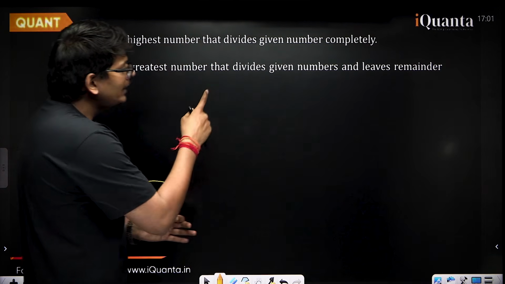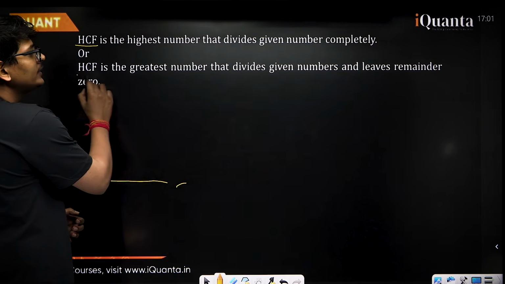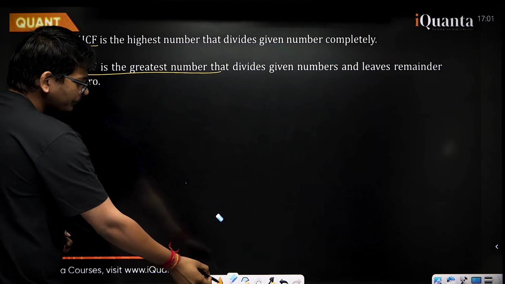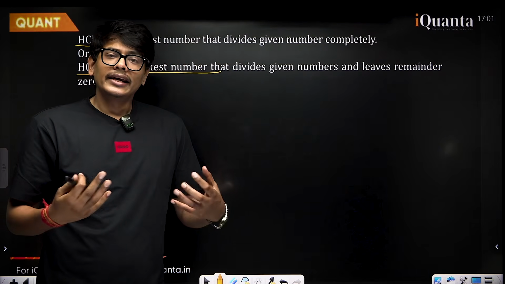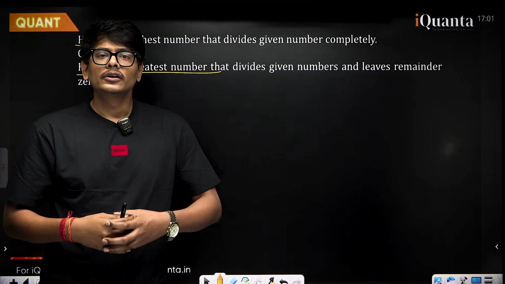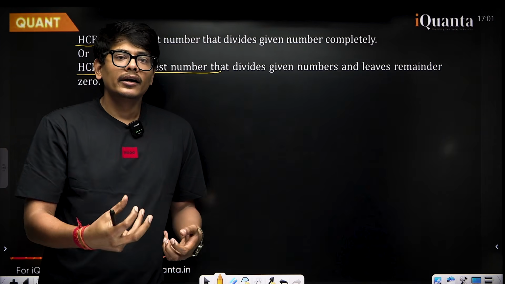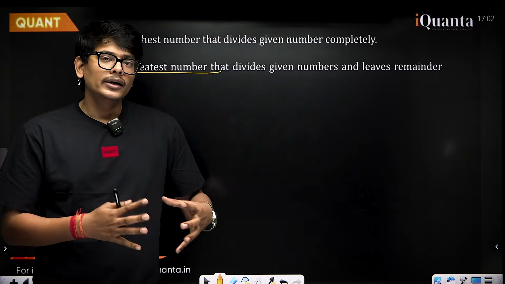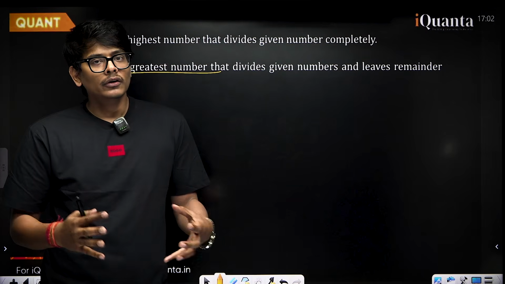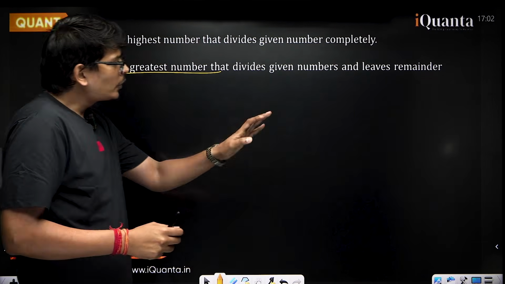The reason for discussing remainder in HCF is that questions on HCF and LCM always include remainders, so we need to understand remainder with respect to HCF and LCM. I hope this part is clear.